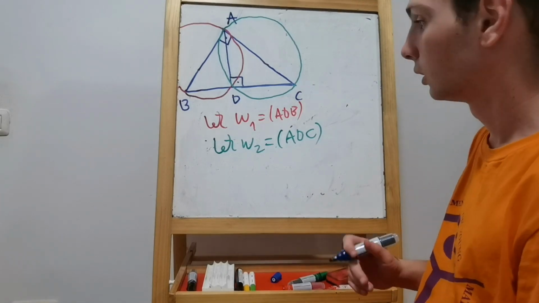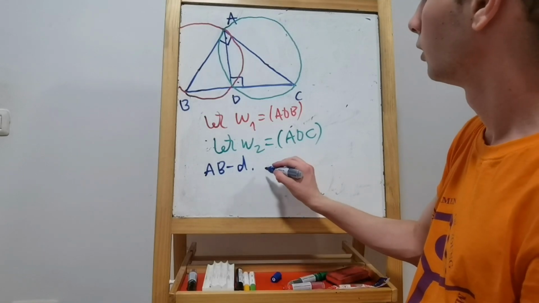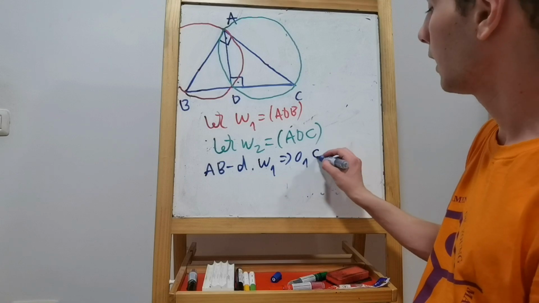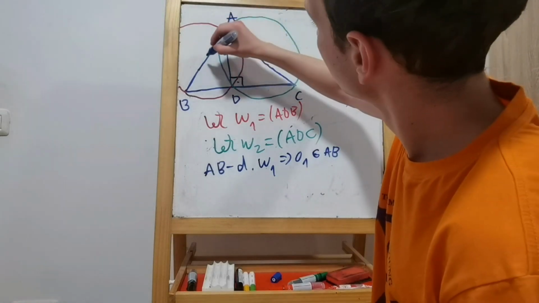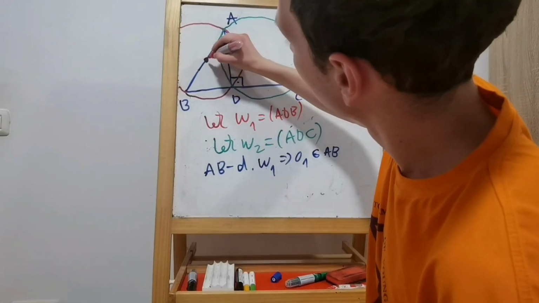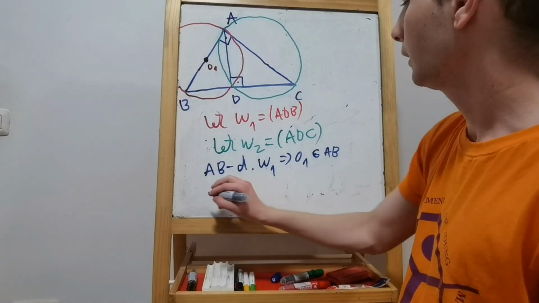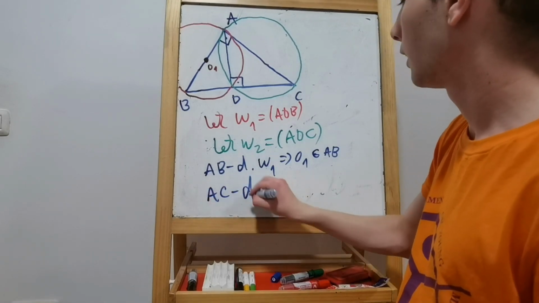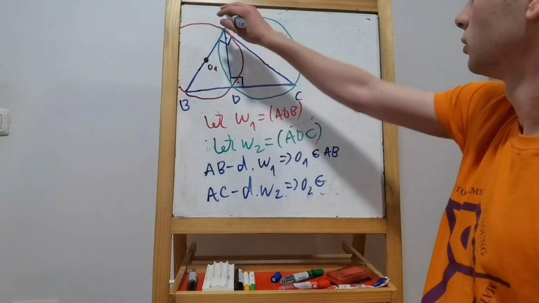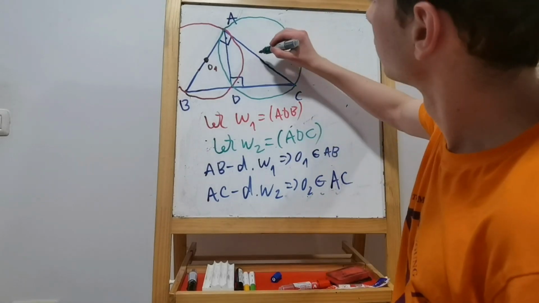Alright, now because AB is a diameter of omega 1, that means O1 lies on AB. Right here, actually I'm gonna draw it in red, like this. And then, similarly, AC is the diameter of omega 2, which means that O2 rests on AC. We'll have it like here.